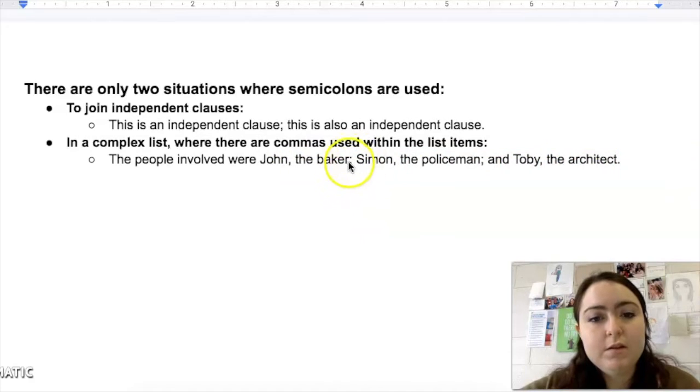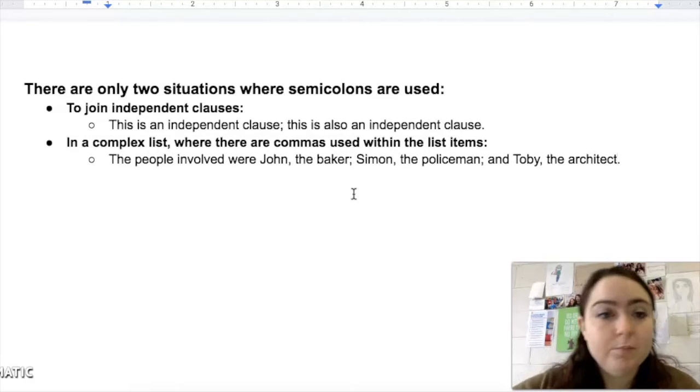If you replaced these semicolons with commas, it would sound like we're talking about six different people, but the semicolon helps to increase the clarity by showing, this is one item, this is one item, and this is one item in the list. If that was confusing, don't worry about that too much. That's not on your quiz, but I just wanted to point it out since you might see it somewhere.